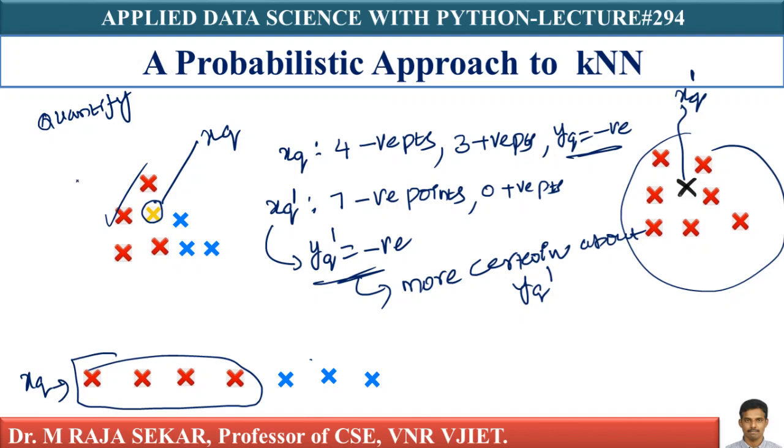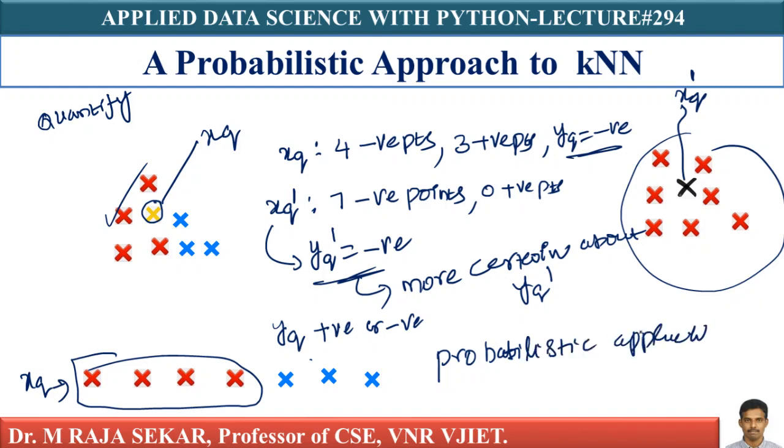So one way to do this is, instead of saying the class label, yq is positive or negative, we get these results because of majority vote, isn't it? Instead of that, what if we do a probabilistic approach?